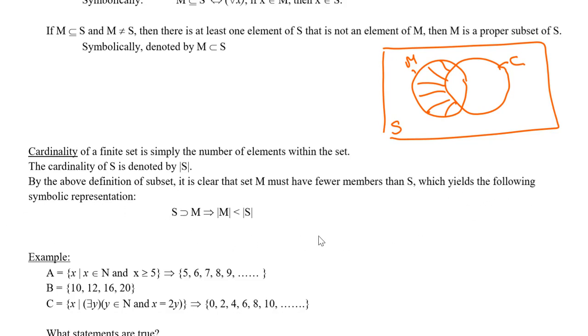If M is a proper subset of S, this implies that M is less than S. Cardinality of M is less than cardinality of S.